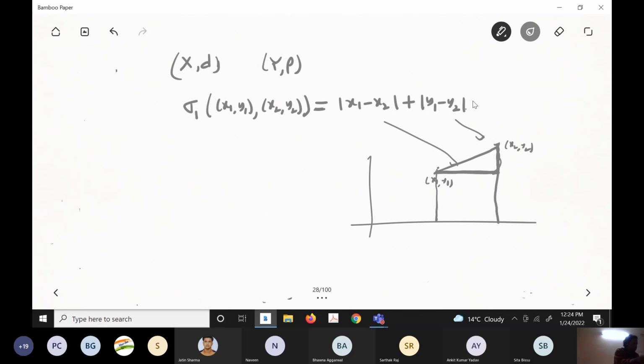And another metric you can take is the max of that, like sigma 2. So how do I know these give equivalent metrics? They are all equivalent metrics. That means they will give the same topology, the product topology.